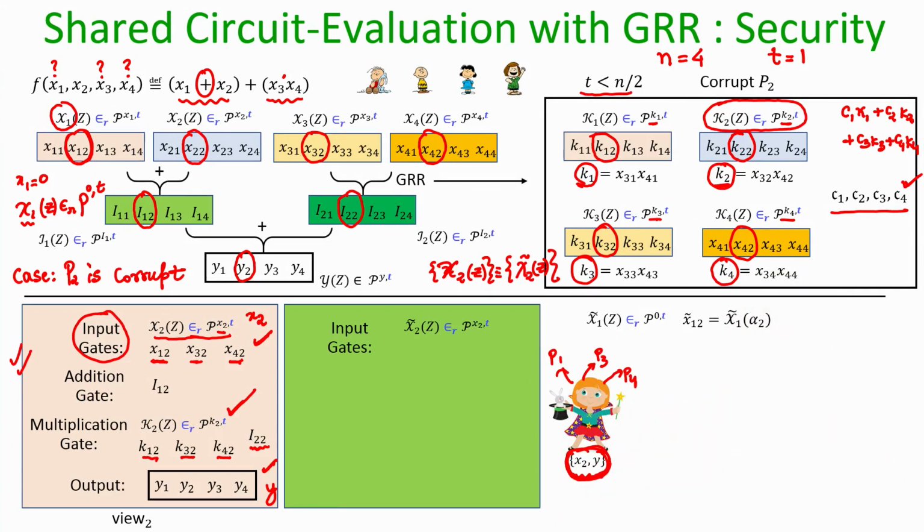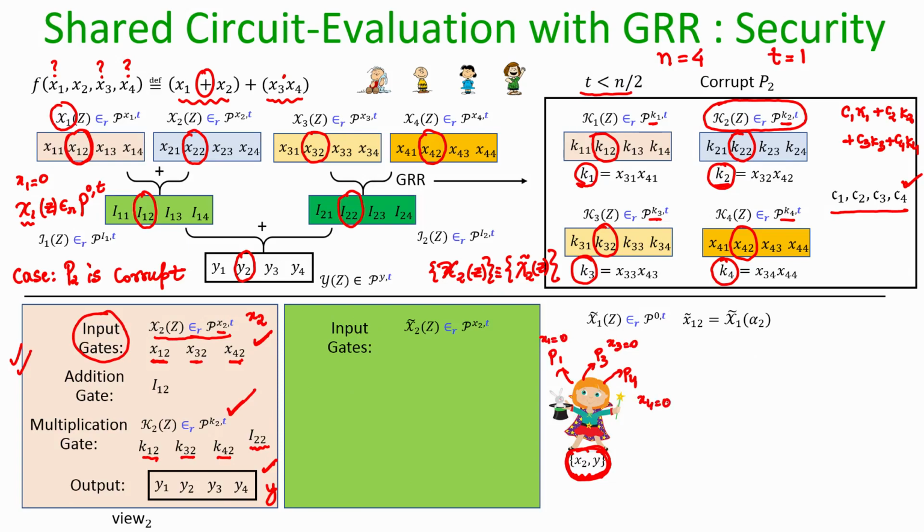Okay, when I say on behalf of P1, P3, P4, that means it is now simulating the actions of P1, P3, P4 as per the BGW shared circuit evaluation, assuming that x1 would have been 0, x3 would have been 0 and x4 would have been 0.